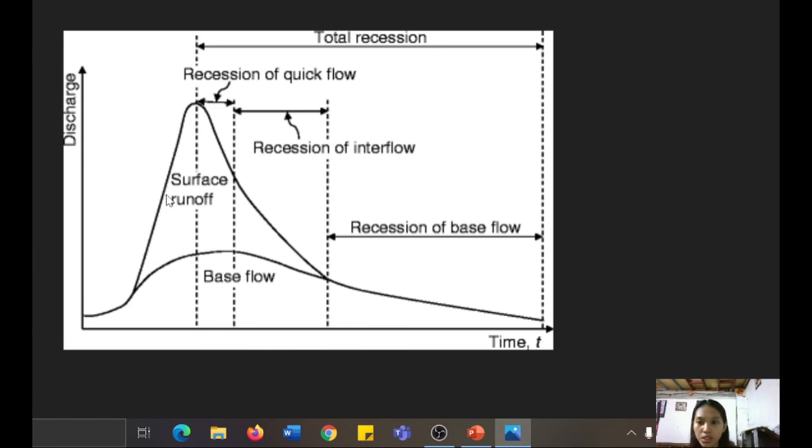The discharge goes upwards and then recedes upon reaching the peak. We can see here the quick flow, the interflow, and the base flow receding. So in the case of a storm, the recession usually approaches zero.